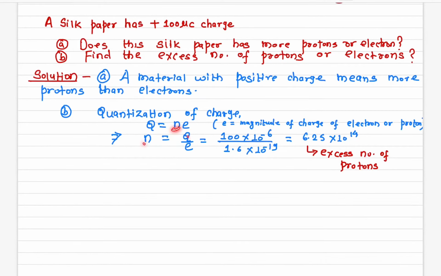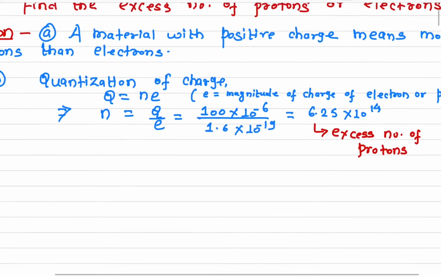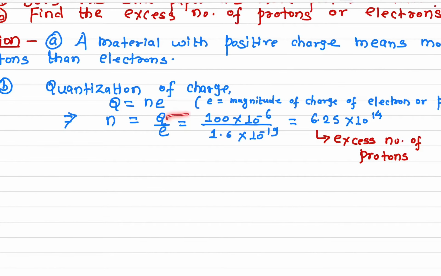N will be Q over E. The extra charge the object has is 100 microcoulomb. And the charge of a proton is exactly the same as the charge of the electron, but in this case I'm writing it as positive because the object has more protons. If we solve it, then the number you'll get is this one.